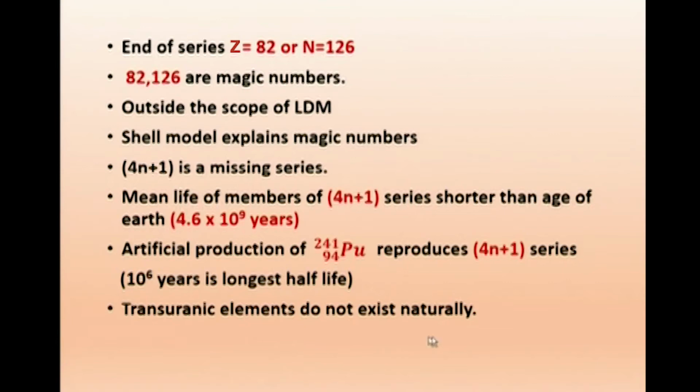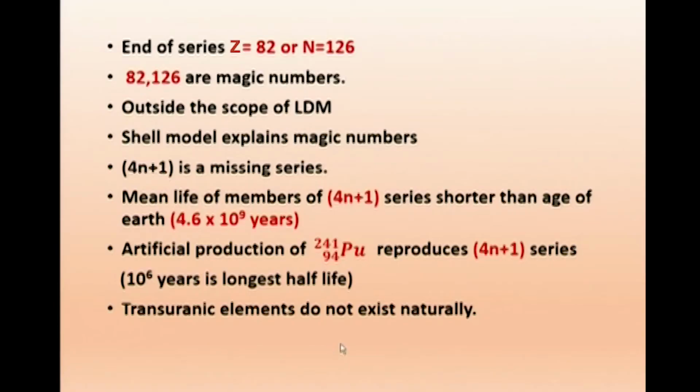Transuranic elements do not exist in nature. When you say transuranic, uranium has atomic number 92. So anything more than that, for example neptunium 93 and then plutonium 94, does not exist in nature.